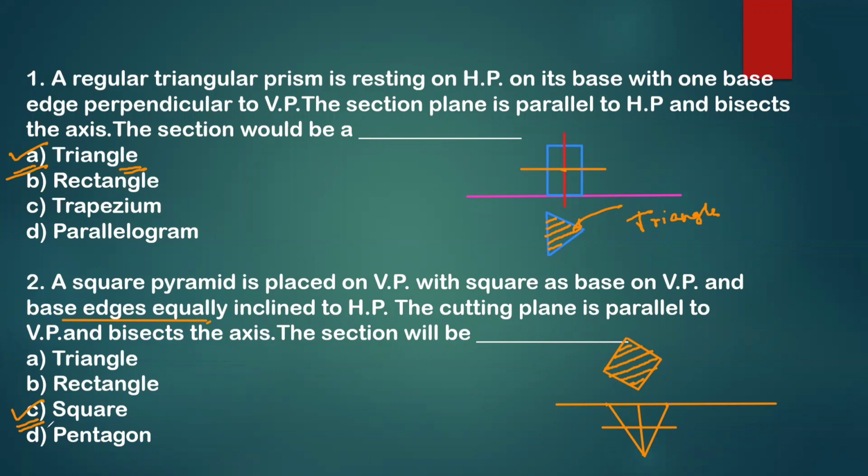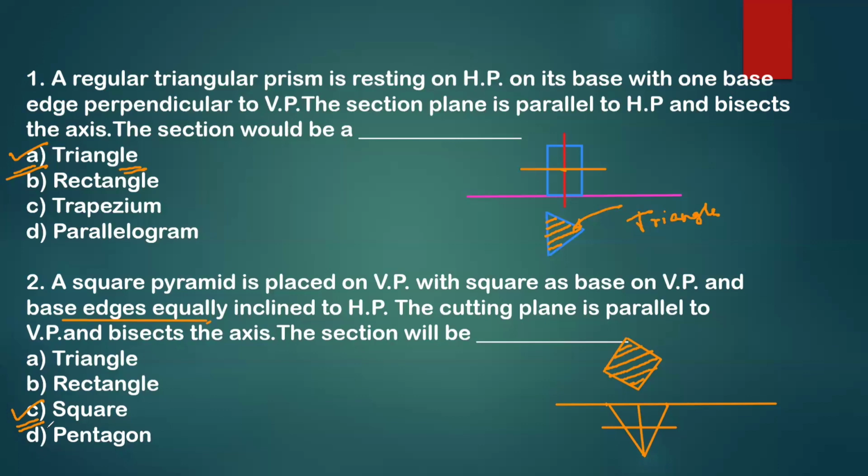So we have to remember: first thing we have to check is which plane the solid is resting on, whether the VP or HP. Here it is resting on the VP. Then the solid is cut by a cutting plane which is parallel to the VP and bisecting the axis.